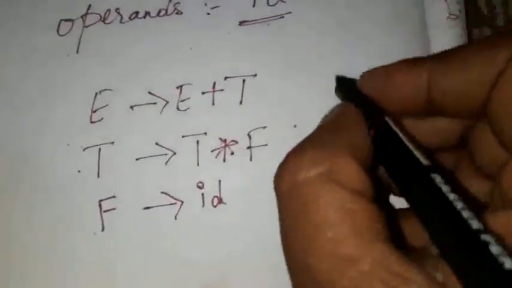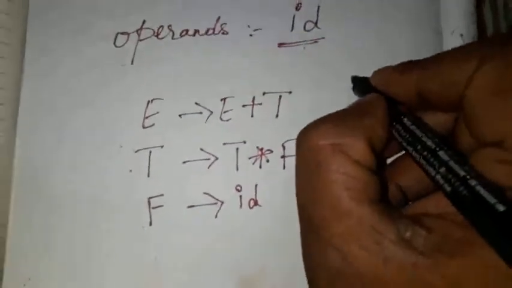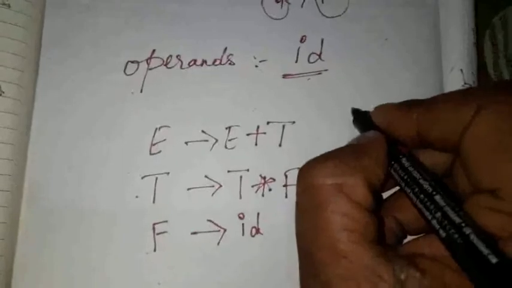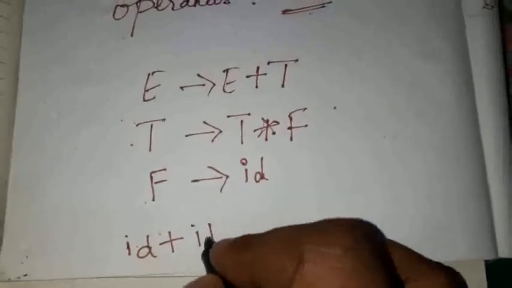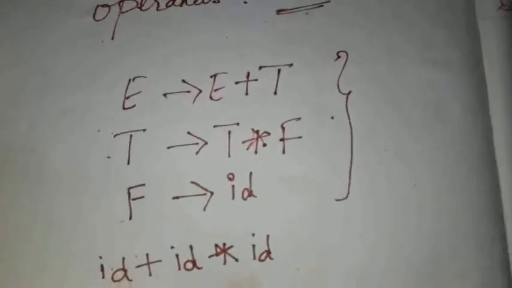Now let us derive the string ID plus ID star ID using the above grammar. Now there is one more thing that we should know here.